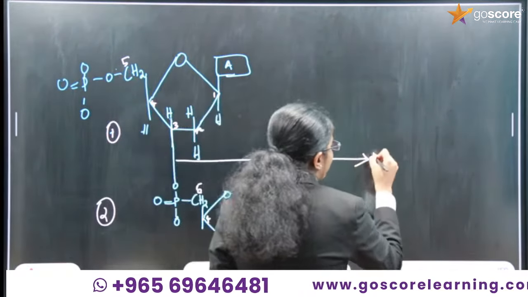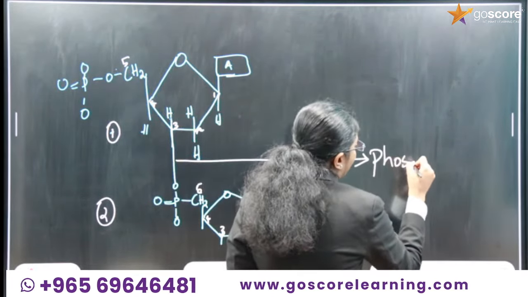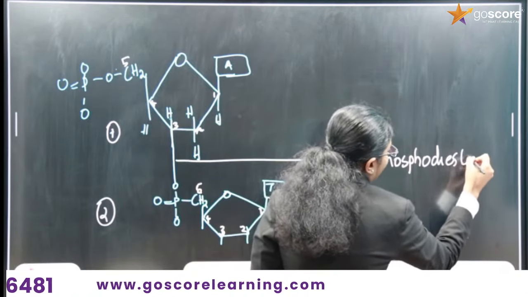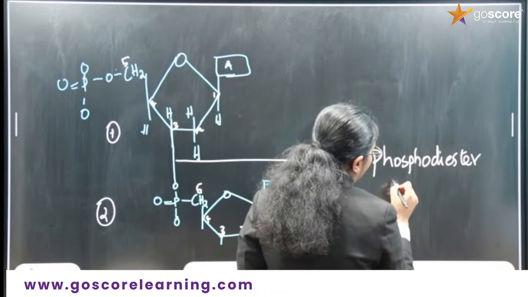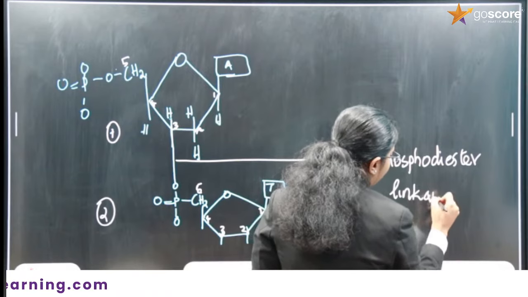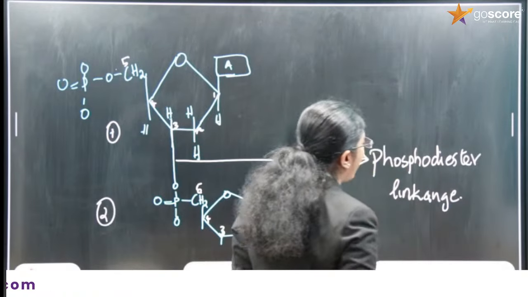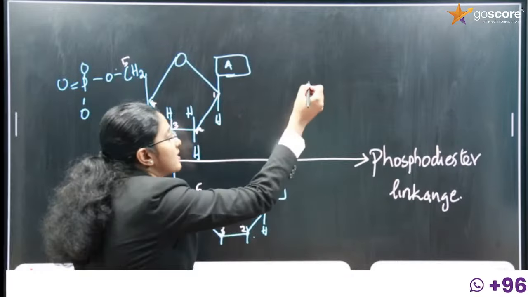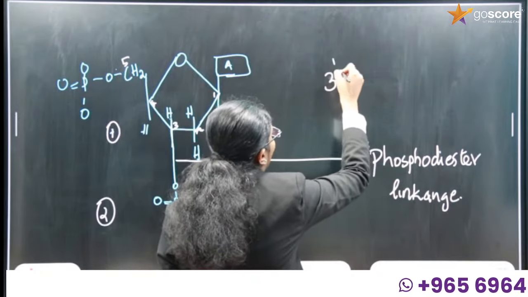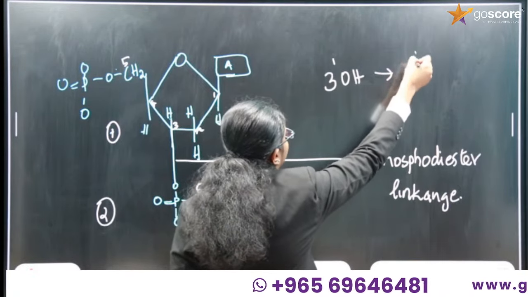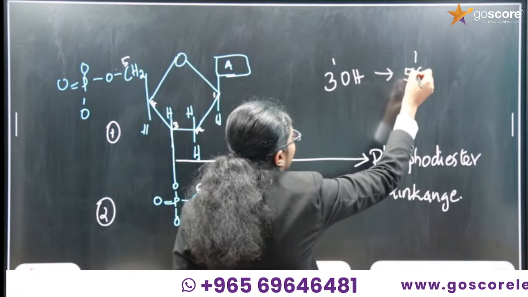It is the phosphodiester bond, or phosphodiester linkage. So this is how two different nucleotides are attached. The third position OH is attached to the fifth carbon of the second nucleotide.